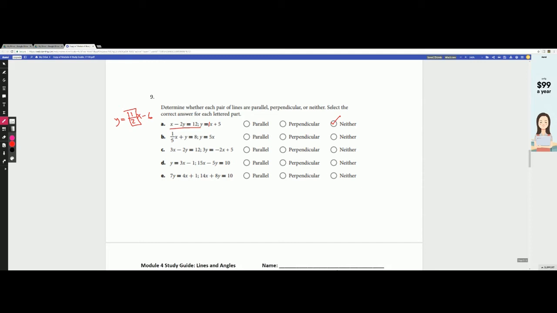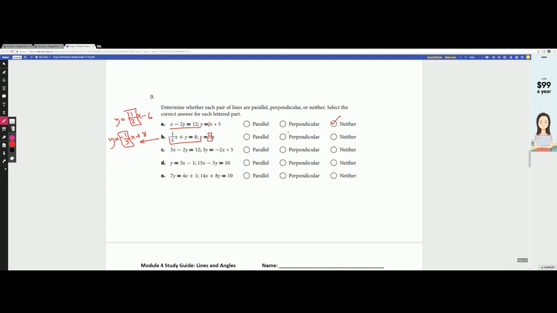If we test out the next one, okay, I'm going to rewrite this standard form equation to slope-intercept. So I'm going to have y equals, this is definitely going to be -1/5 x plus 8. And if you notice, the slope here compared to this guy's slope is the opposite reciprocal.